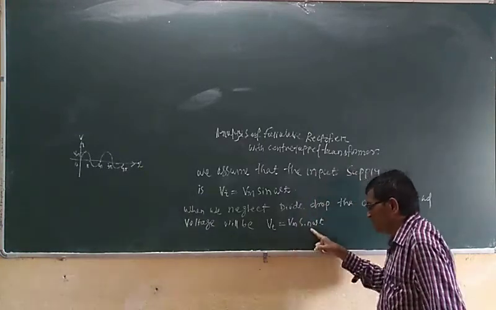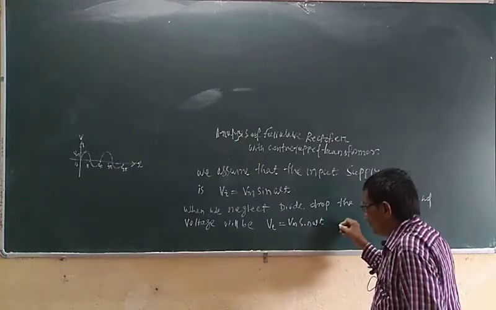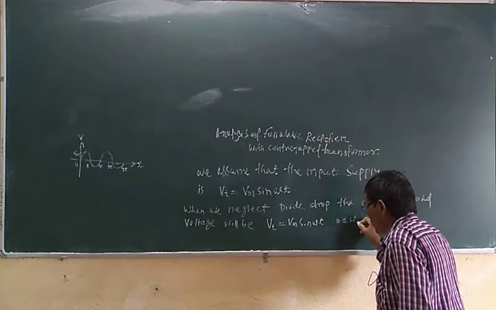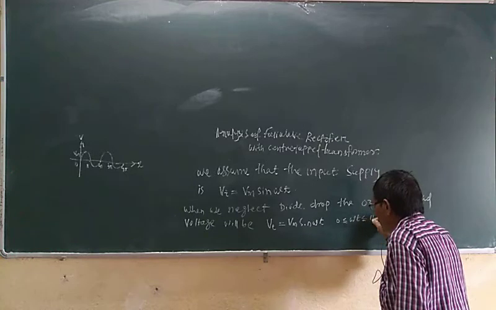Now this is the sin omega t and the period is 0 to pi. Now theta in between is 0 to pi.